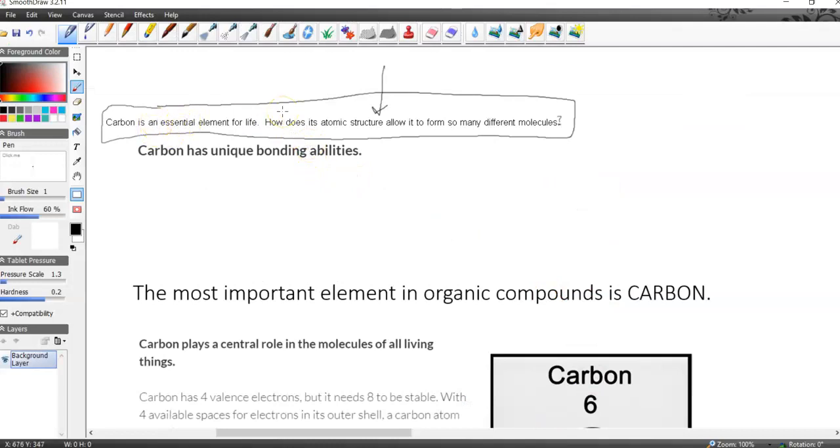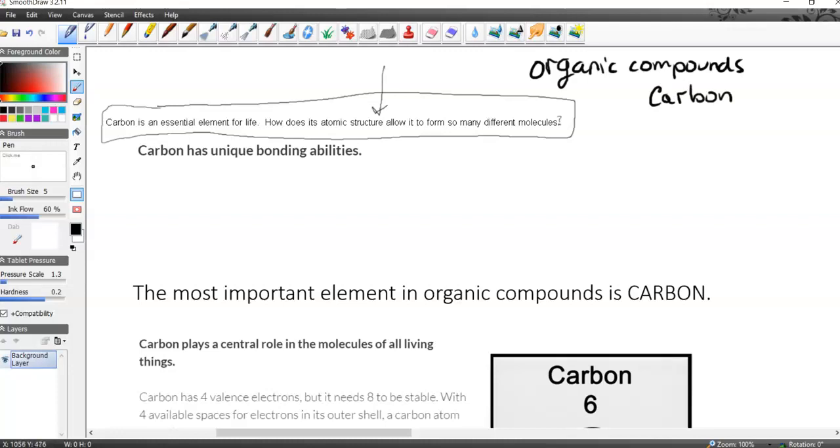Remember, carbon is the backbone of organic compounds. We talked the other day, I guess it was Monday, about these things called organic compounds, right? And organic compounds must have carbon atoms in them.